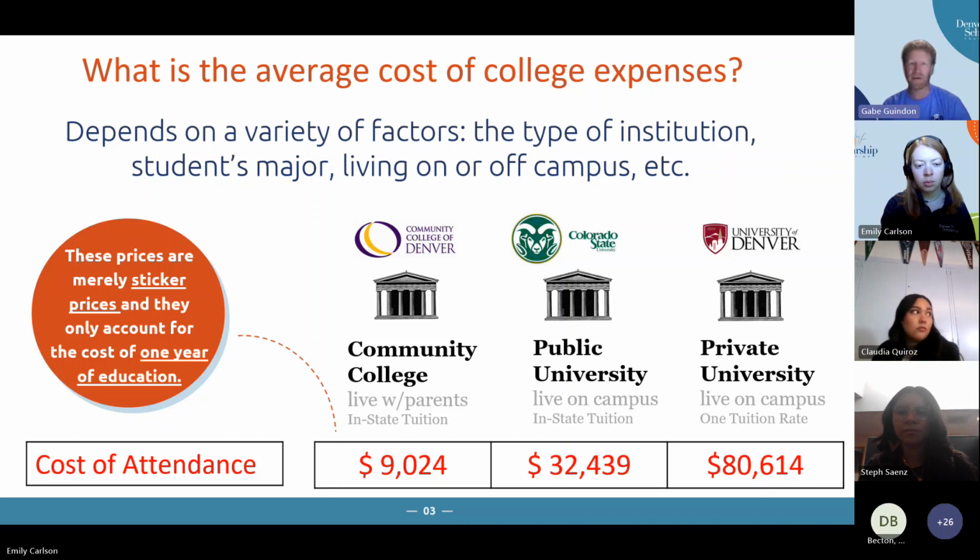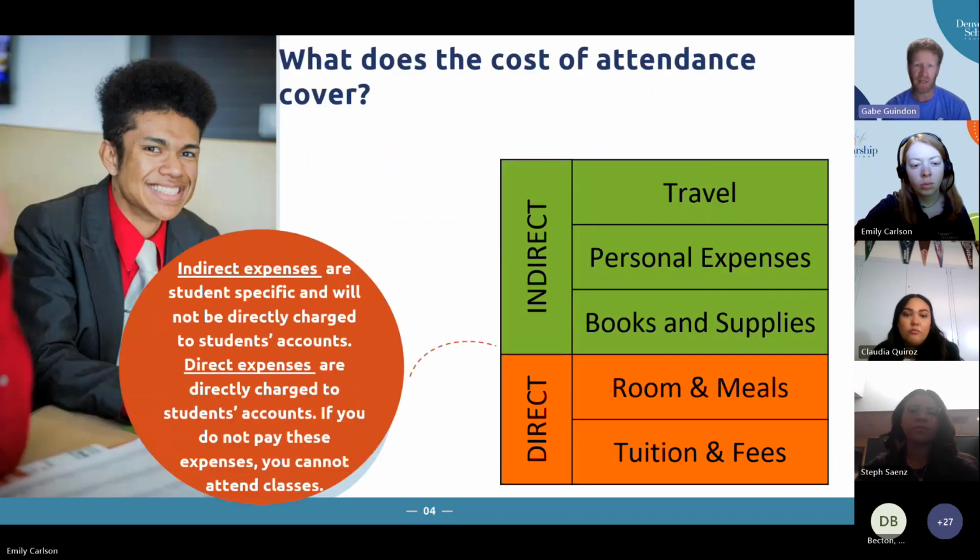Later in the presentation, we will look at an example of a financial aid offer that does reduce these costs to what students actually have to pay. But obviously we are looking at really different costs when thinking about institutional costs from community college to public university and private schools.